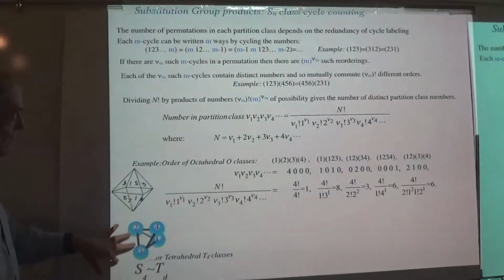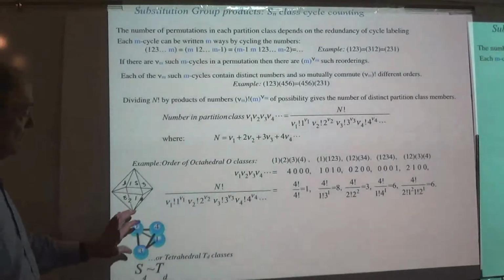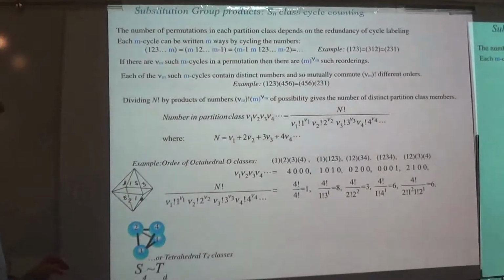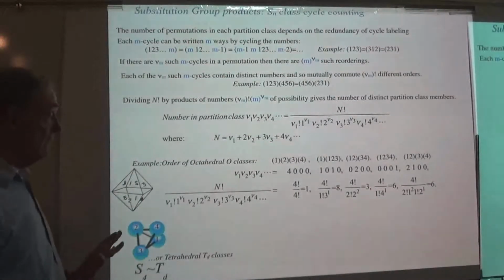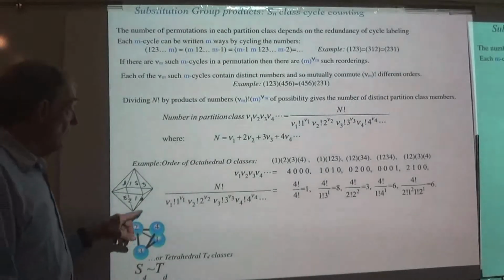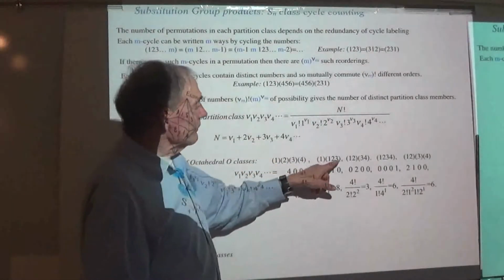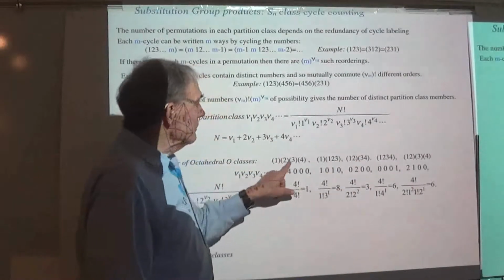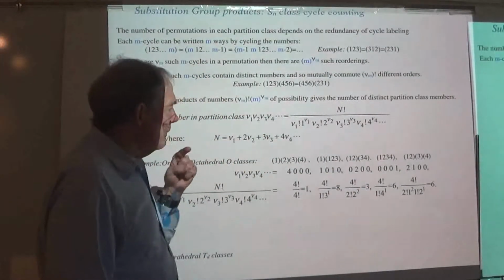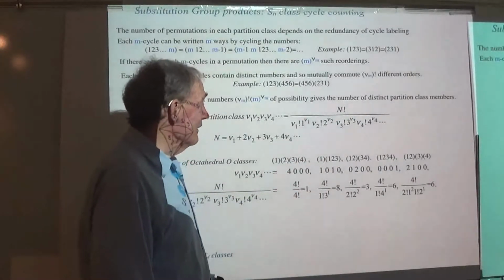That's a tetrahedron, which is isomorphic in its symmetry to the O. So the tetrahedron turns out to be the winner here if you really want to get into the permutations and their effect on nuclei in molecules. And so that's the one that we would look at. But whatever you look at, here are the 5 classes. All unicycles is the identity class, only one element in that. But then right away you get a pretty big class here.